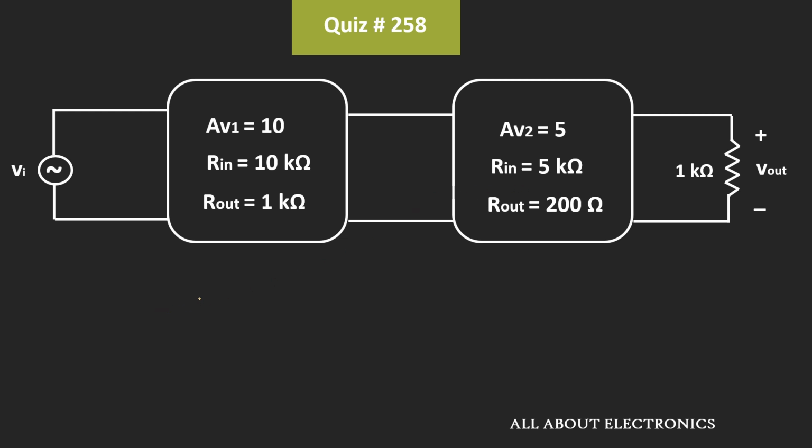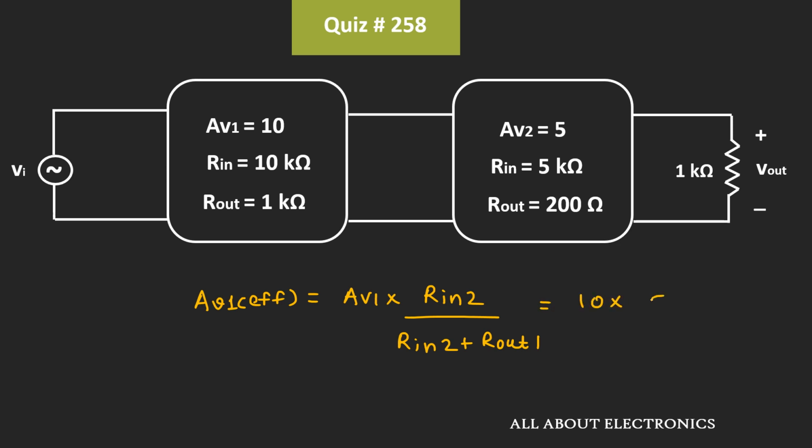So let's say the effective voltage gain of this first amplifier is equal to AV1 effective, and that will be equal to AV1 times R in divided by R in plus R out 1, that is equal to 10 times 5 kilo ohm divided by 5 kilo ohm plus 1 kilo ohm, that is equal to 8.33. So this 8.33 is the effective voltage gain of this first amplifier.